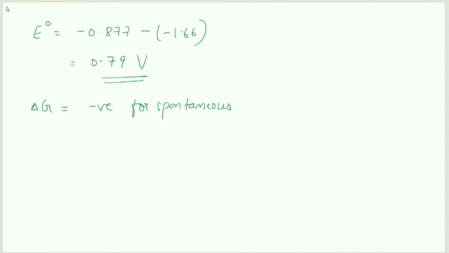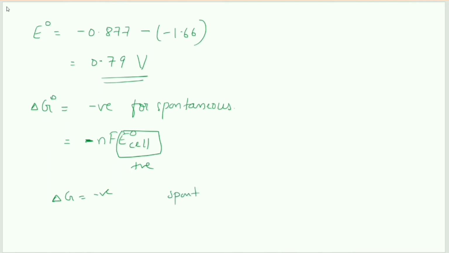So what is delta G? Delta G0 is equal to minus nFE0 cell. So if E0 cell is a positive value, then delta G should be negative. Delta G is negative, so this reaction is spontaneous.